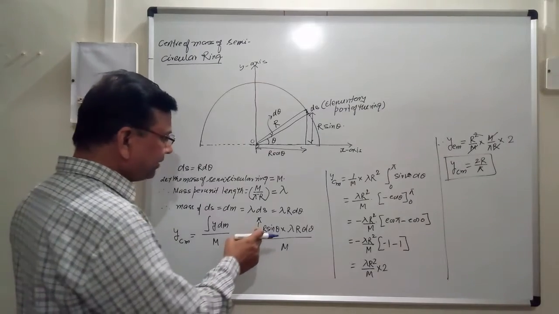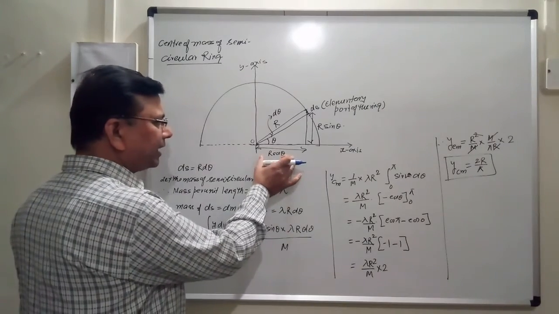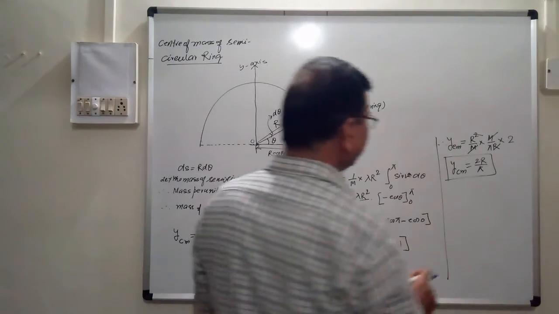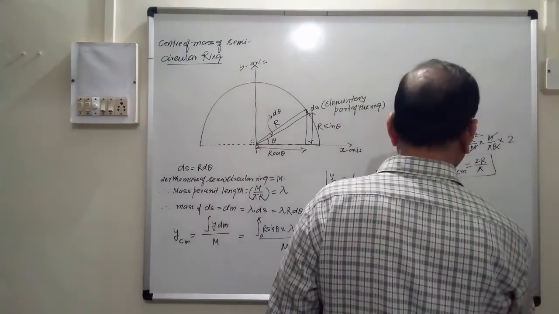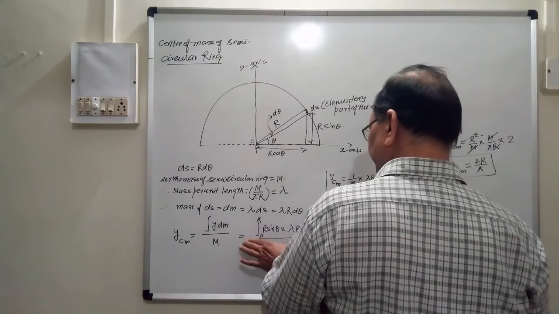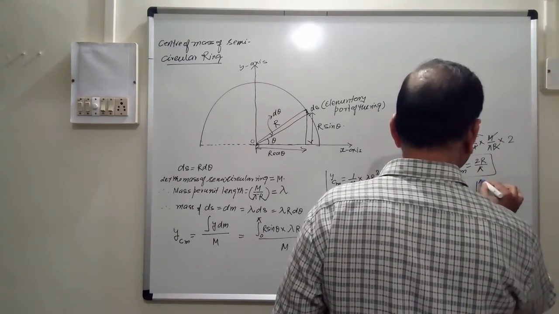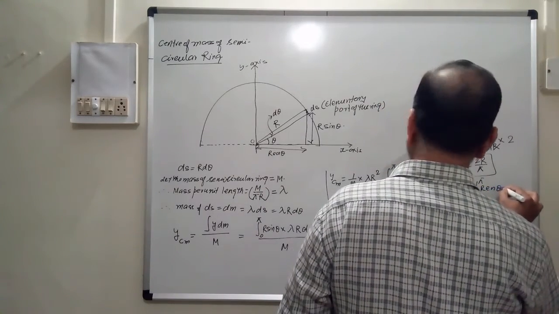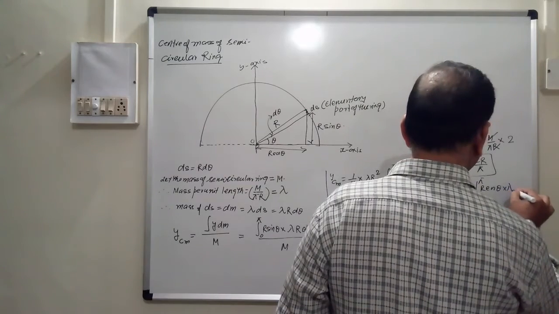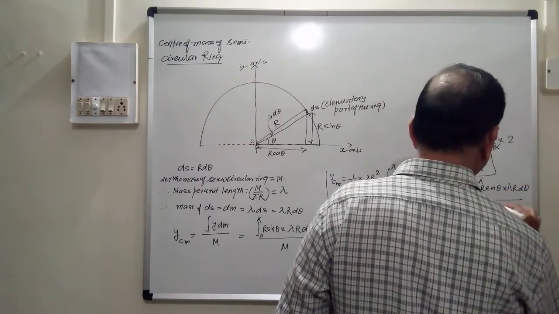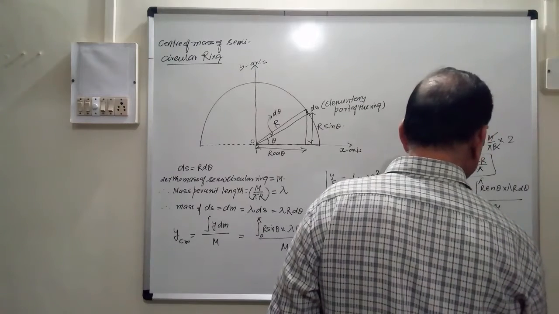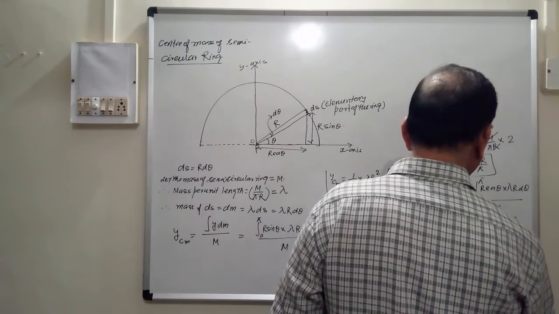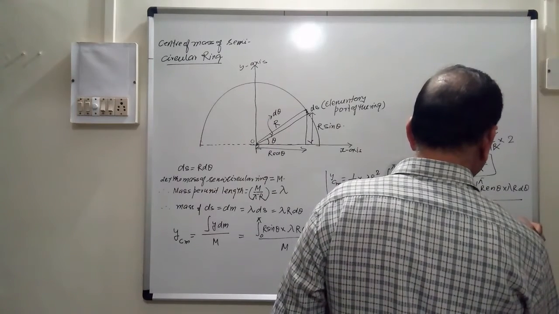How? Instead of writing r sin theta, we will write r cos theta. In fact, it will be 0, but mathematically we will look at it. So that is x CM. Same thing, 0 to pi, instead of r sin theta we write r cos theta into lambda r d theta by M. If we simplify, you will get lambda r square by M times the integral from 0 to pi of cos theta d theta.